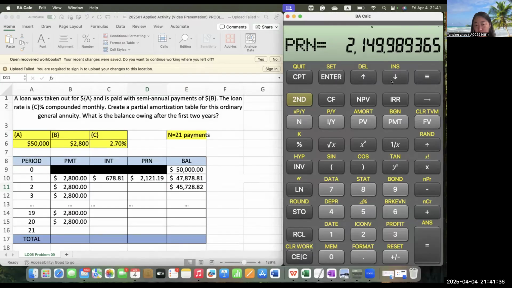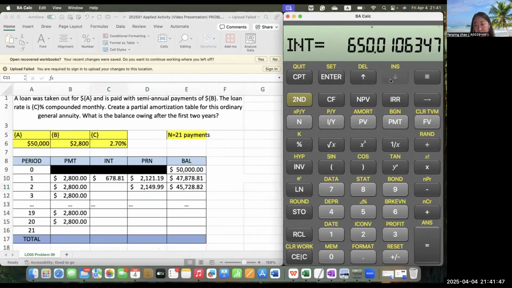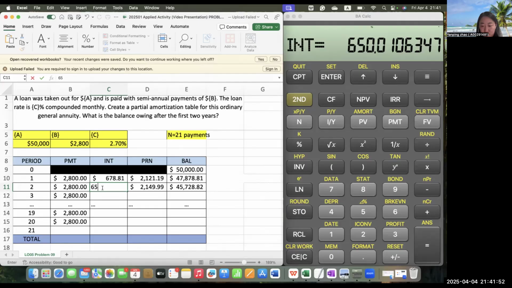Press the arrow, we got the principal 2149.99. We got the interest 650.101, the interest in interval 2, and we can see that the interest is going down.